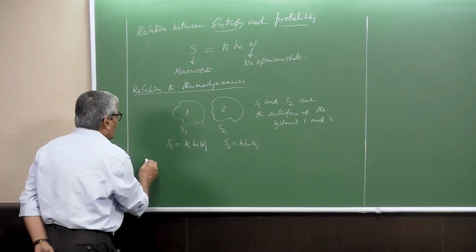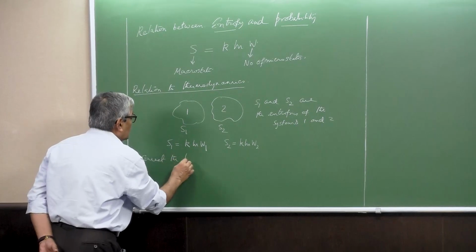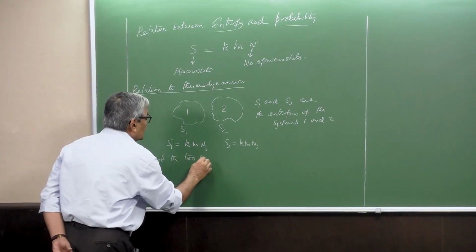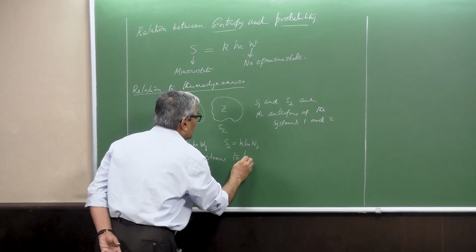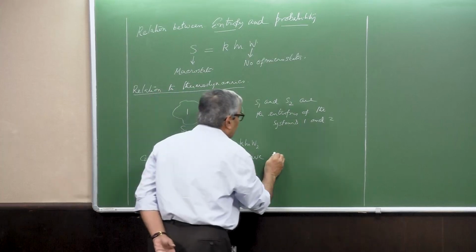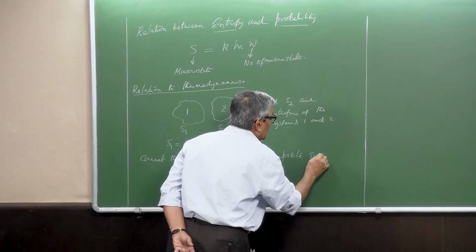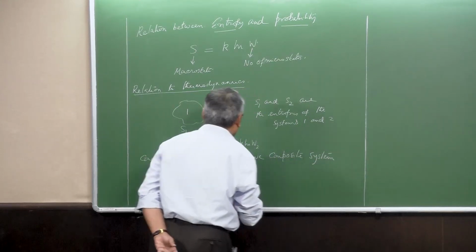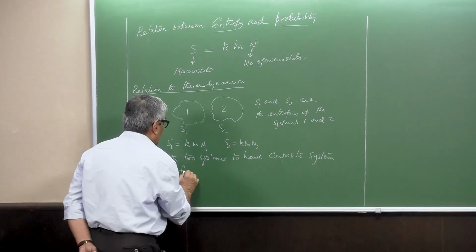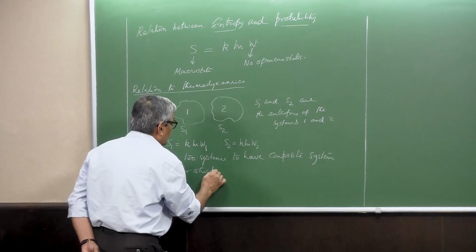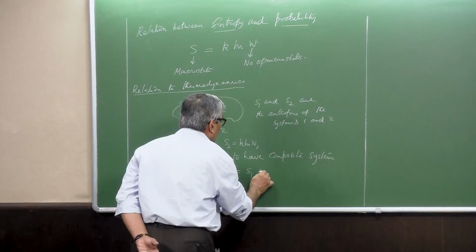So we connect the two systems to have a composite system for which the entropy is S equal to S1 plus S2.